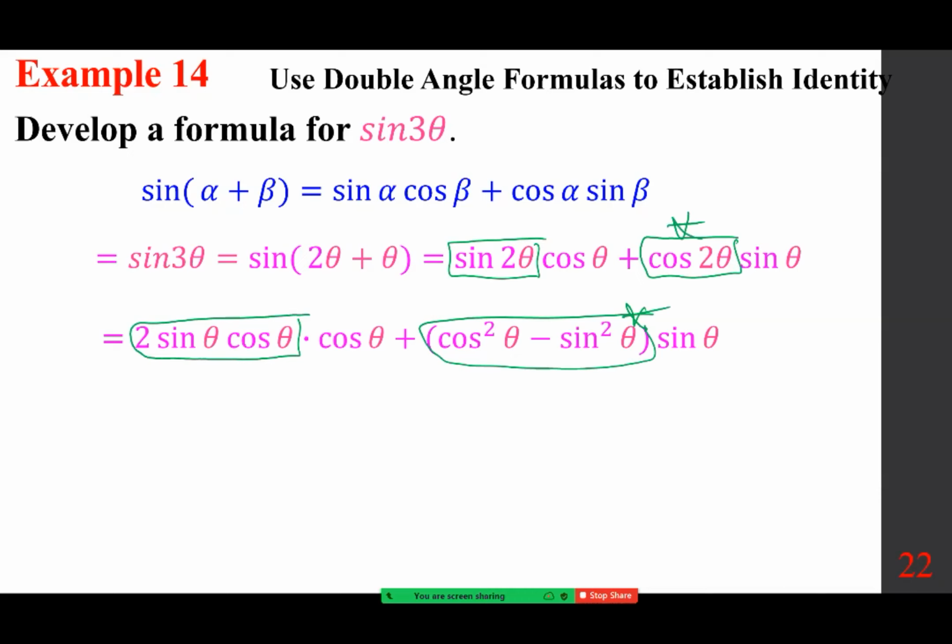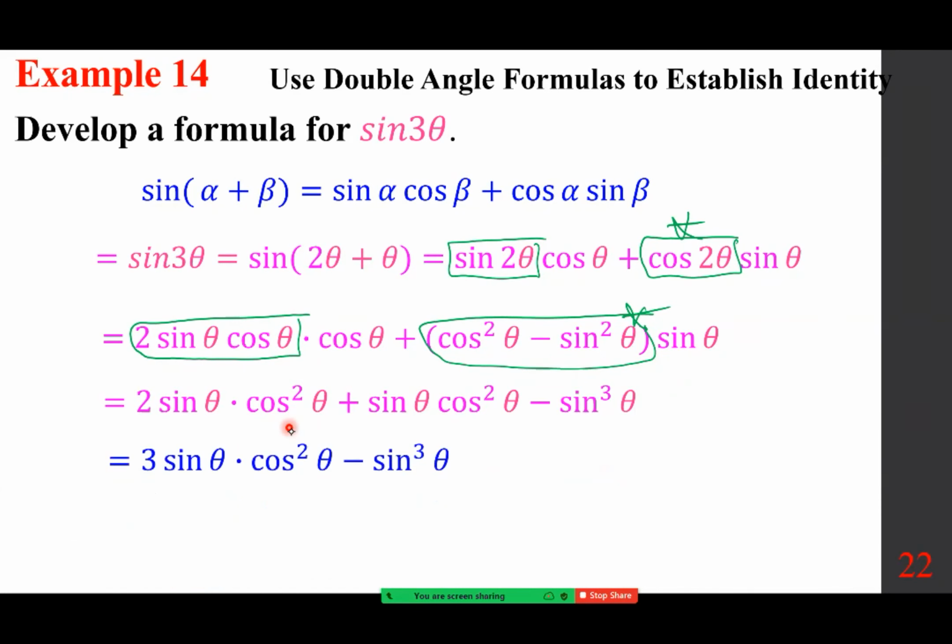And we are going to multiply, and we get 2 sine theta cosine squared. This one we distribute, plus sine theta cosine squared minus sine cubed. And we can combine these two into 3 sine theta cosine squared. And we are done.